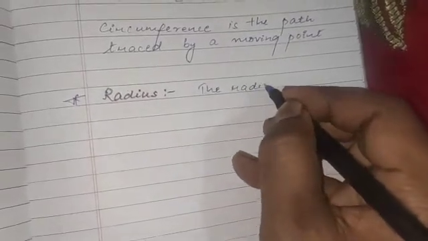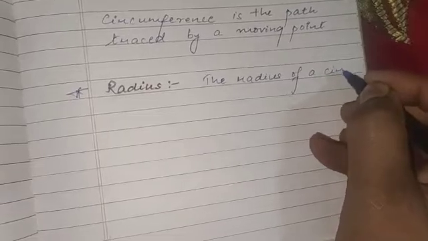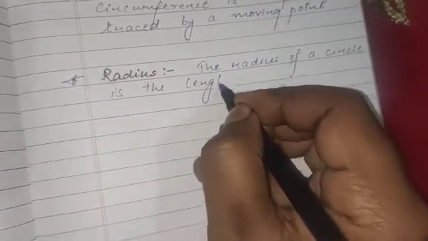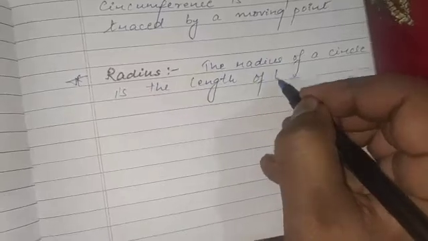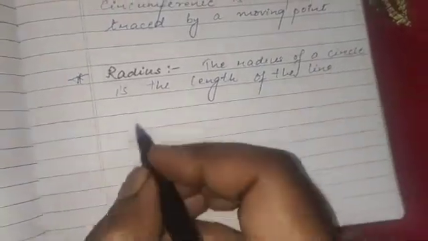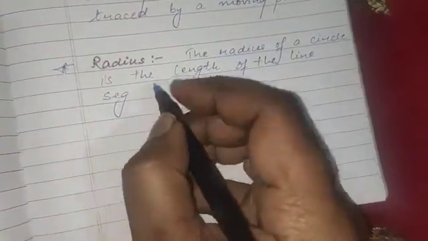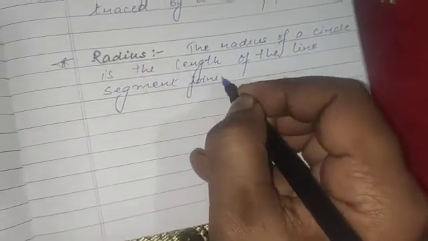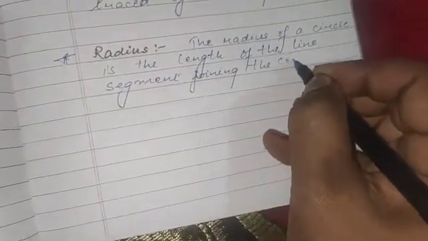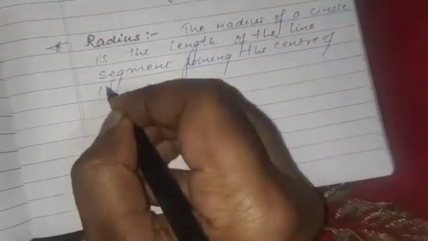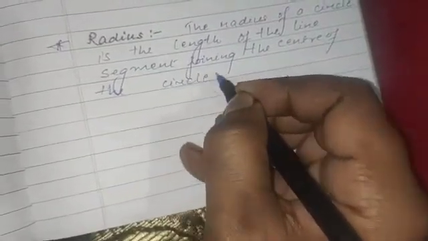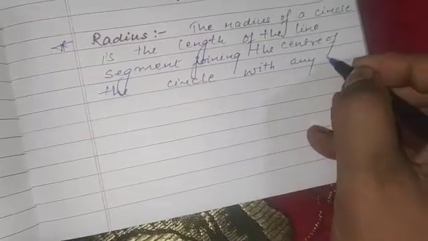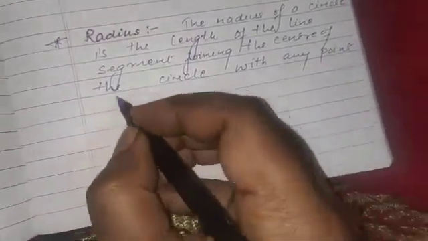The radius of a circle is the length of the line segment joining the center of the circle with any point on its circumference.